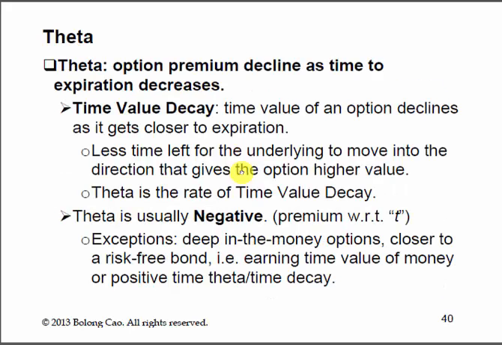Next Greek, theta. Theta is basically time, and the most important concept is the so-called time value decay. It's how much the option premium declines as time to expiration decreases. As time passes by, the option premium becomes lower and lower. It's basically because there's less time left for the underlying price to move deeper into the money.